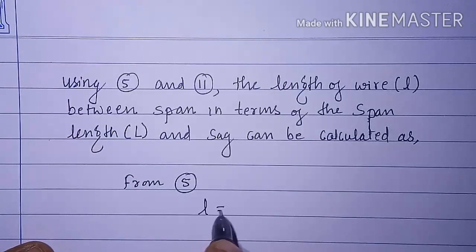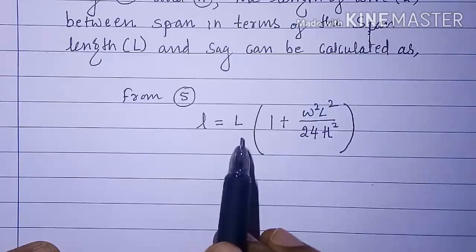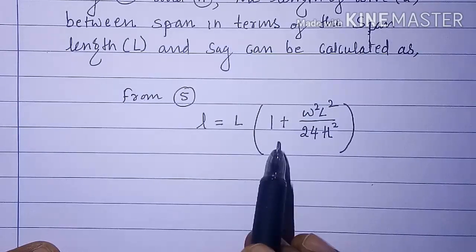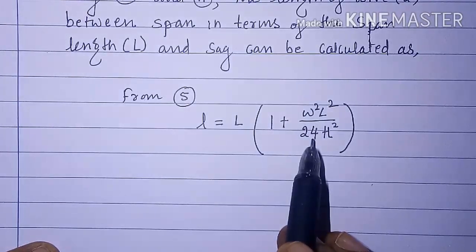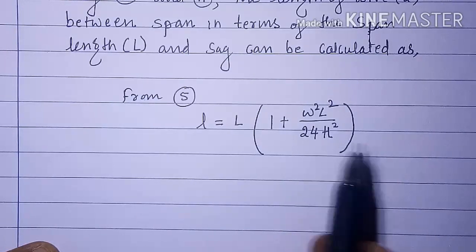From 5 we have small l equal to capital L into 1 plus W square L square upon 24 H square.